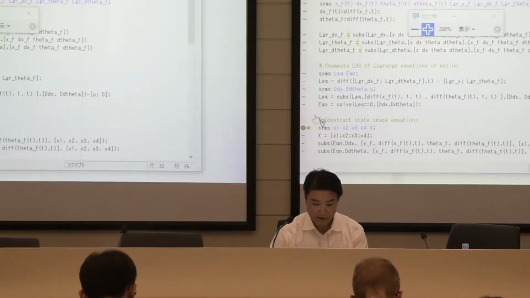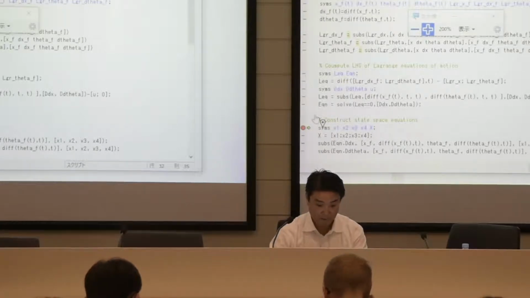This kind of technique helps you to write code.